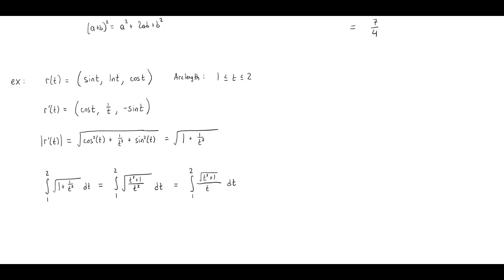So in order to evaluate this integral, I'm going to do a trig substitution. If you remember your trig identities, we used this identity already, how cosine squared plus sine squared equals 1. Do you guys remember some of the other trig identities similar to this one?